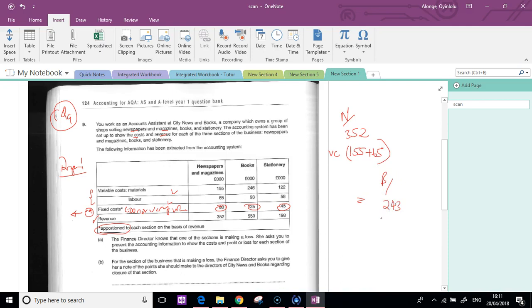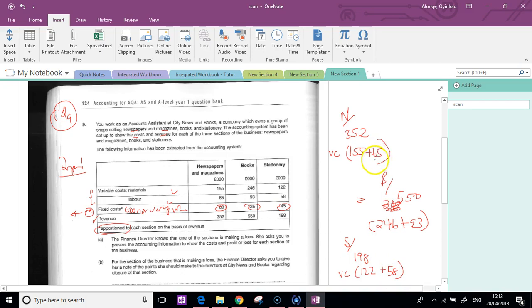Books, the revenue is 550, and the variable cost is 246 and 93. And stationery, the revenue is 198, and the variable cost is 122 and 58.